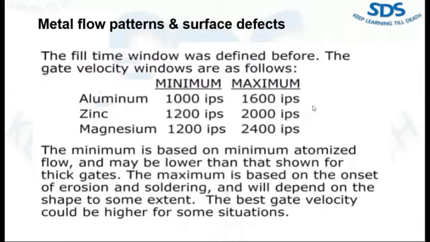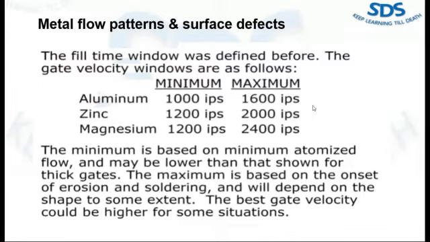Right? And there is a formula through which we can calculate this minimum or maximum gate velocity. In this slide, this formula is not available, so you can write it down if you are interested to know how we identify the minimum and maximum gate velocity.